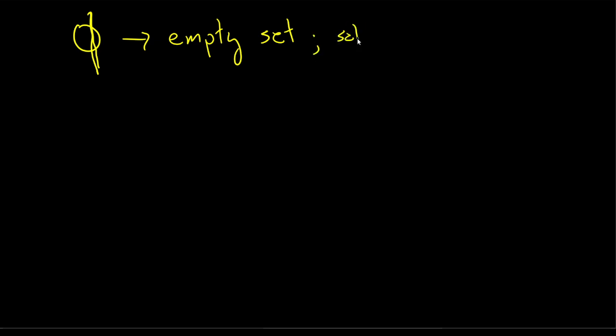Now we can talk about the notations that we have. If I have a set that has no elements, or it's empty, we're going to use a symbol for the empty set, a set with no members.